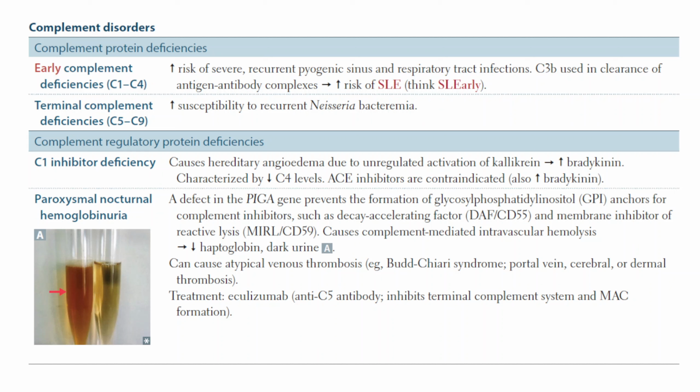The PIGA mutation prevents the formation of GPI, which anchors the complement inhibitors: decay accelerating factor, DAF or CD55, and membrane inhibitor of reactive lysis, or CD59.